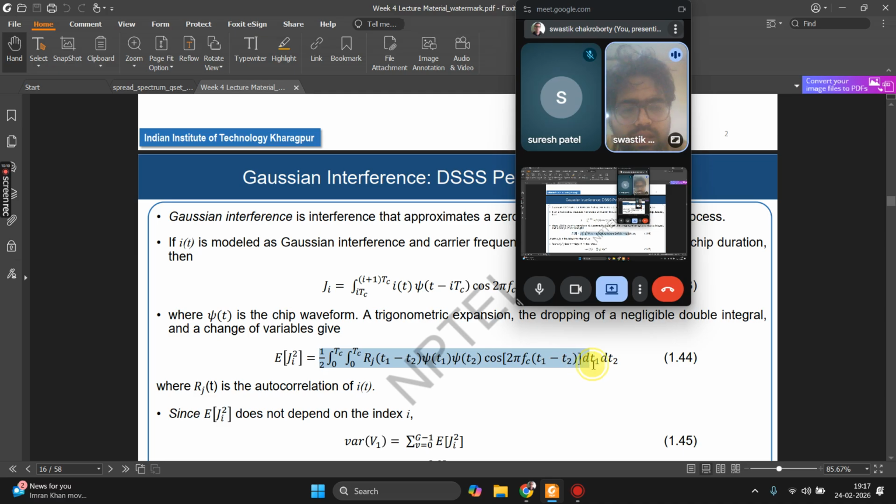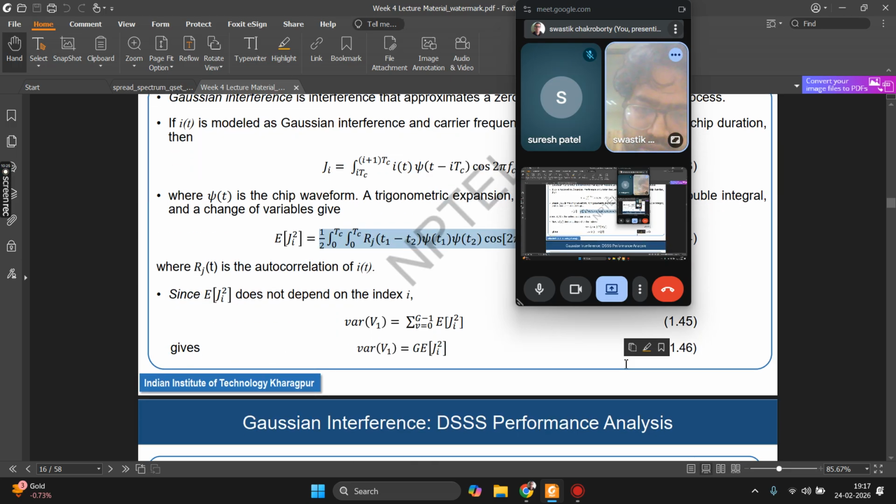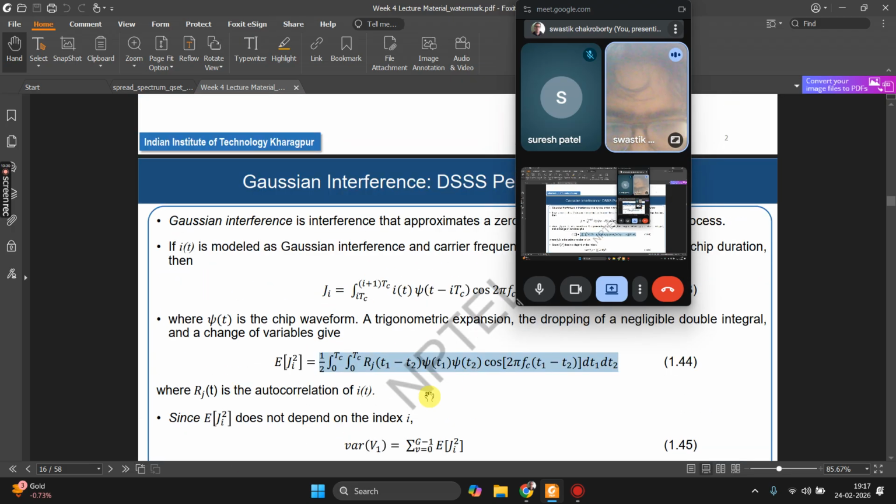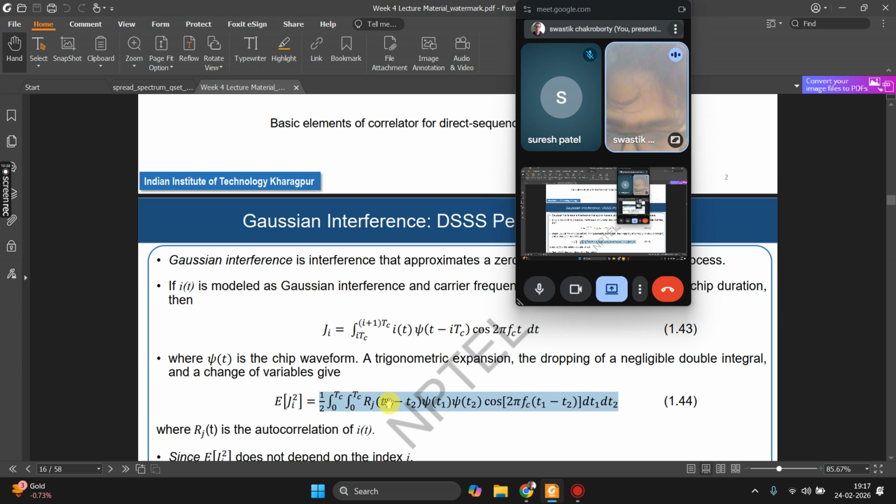Now these exact derivations you can find in the lecture or in the textbook. Since this is primarily a problem solving session, I will not go through the exact steps of the derivation. I will just give you a brief overview. So here is the interference expression. Here we have the cos term, and since there are two integrals, both in time, we have to take the autocorrelation of t1 and t2.